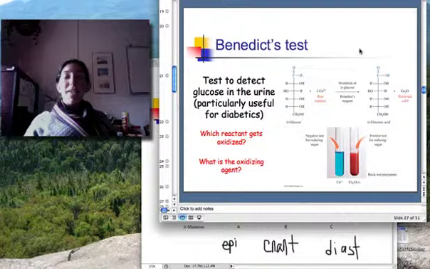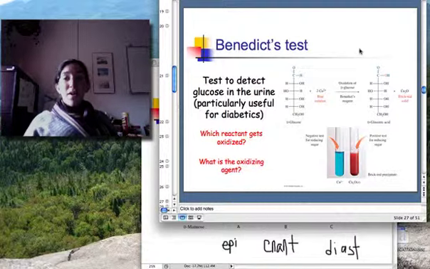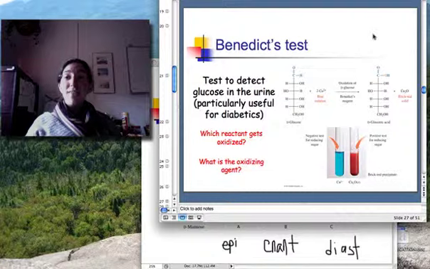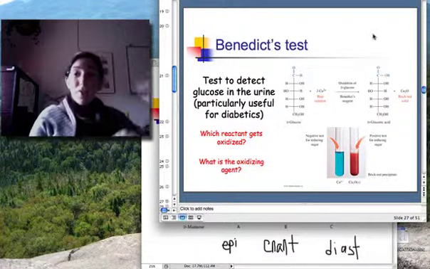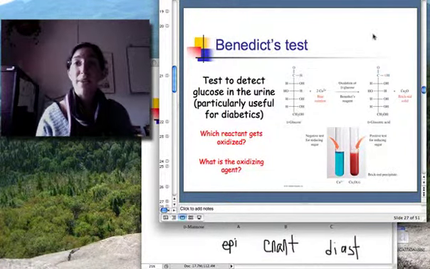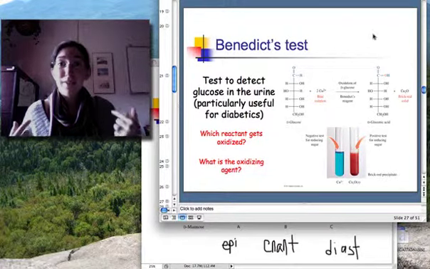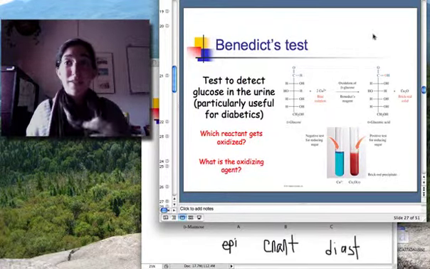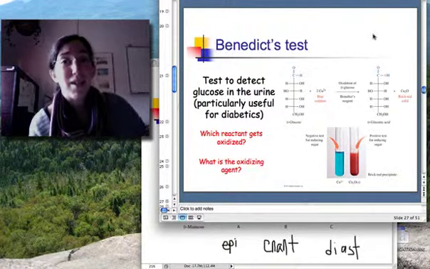So we can use this nature of monosaccharides to be oxidized or reduced to design tests to check for the presence of glucose in bodily fluids, particularly in the urine, which is really helpful for diagnosing diabetes, both in normal, healthy people, but also in my case, it's relevant because it's also used to diagnose gestational diabetes, a type of diabetes that develops when you're pregnant.